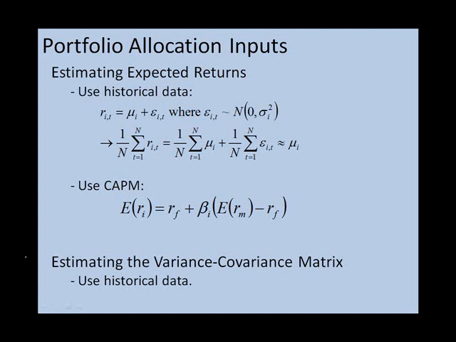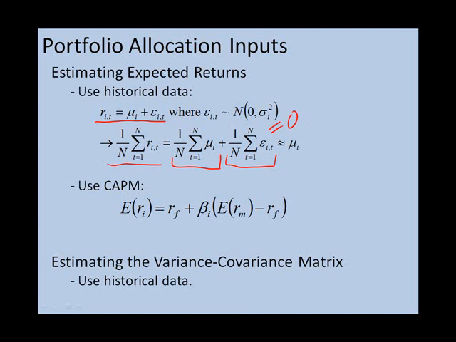Well, suppose that the return each day is equal to the expected return, mu i, plus some random error, epsilon. If we calculate the average, we can decompose it into two components. We have the mu, the expected return component, and the random error component. Now the average random error over time is going to equal 0.